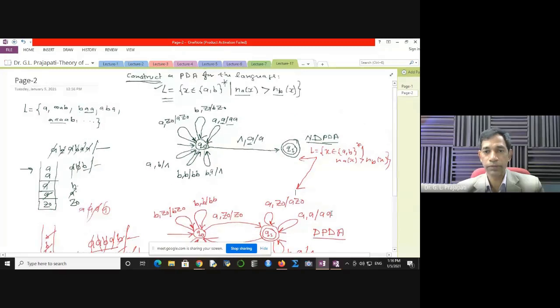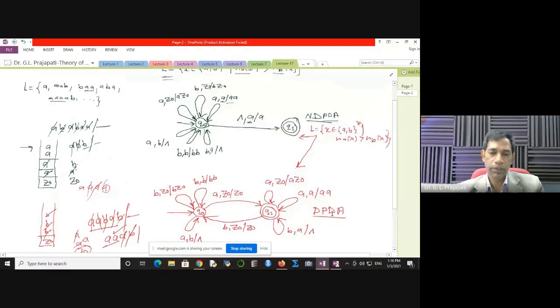So for the language L, which has more number of A's as compared with the number of B's, we have two possible PDAs. You can have the DPDA also, and you can have the NDPDA.